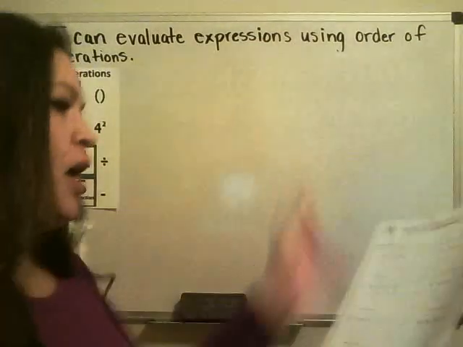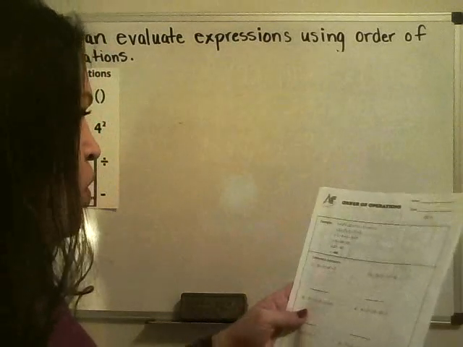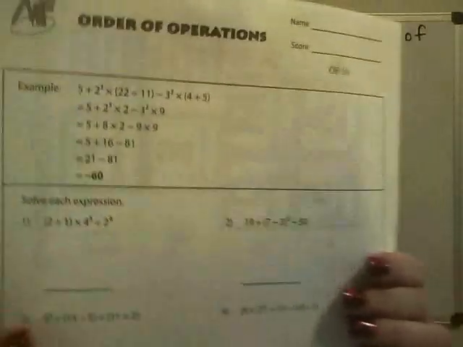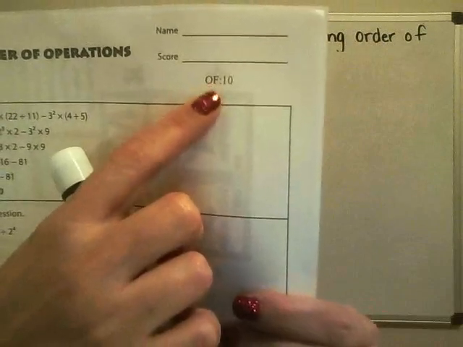Okay, so looking at number 1 on this first page. By the way, the way you find out it says of 10 there, that's how you'll know what page I'm on, of 10.